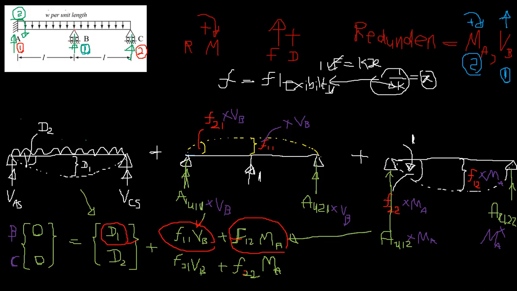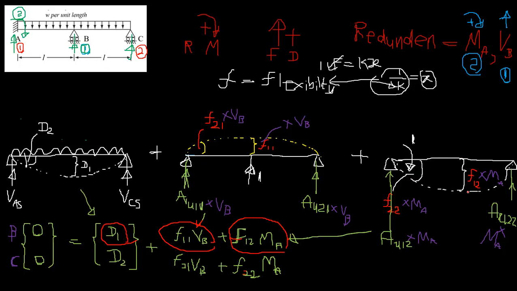Originally you had 0, then you remove that, then it had D1, then you apply that unit force, check the reaction, check the displacement, and you multiply it by the original value. Then you have some component, and not only that, you have another redundant. Because of that also you have a displacement at B.